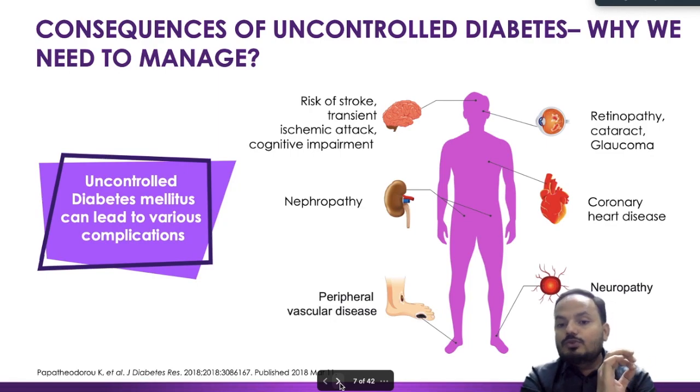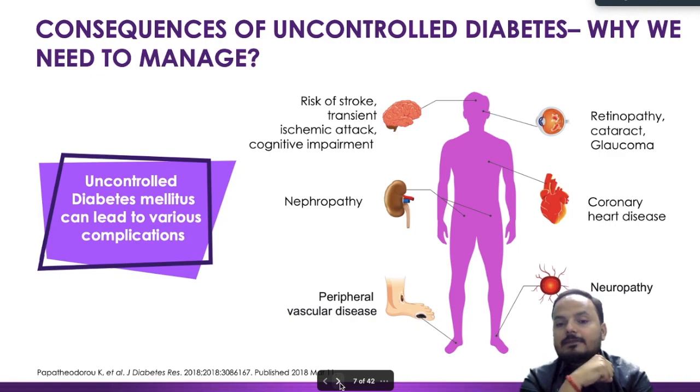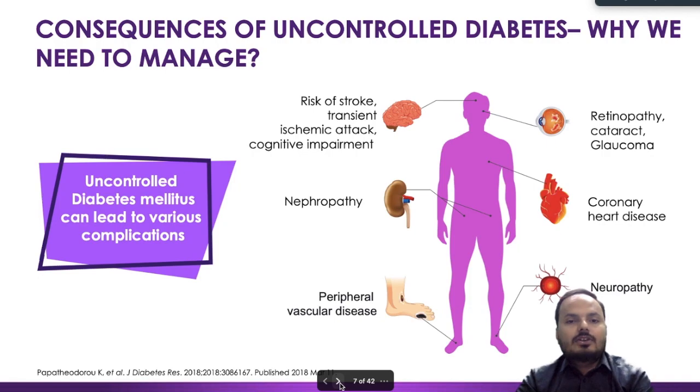This is the most common complication, and patients are more worried about it; they commonly ask, will my kidneys get damaged because of diabetes? The earliest marker of diabetic nephropathy is microalbuminuria. You just need to measure urine microalbumin, and that will give you an idea whether nephropathy is there or not.